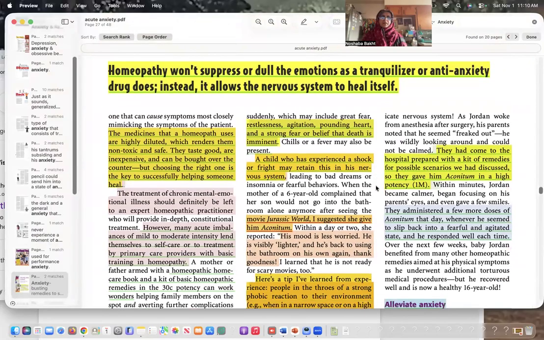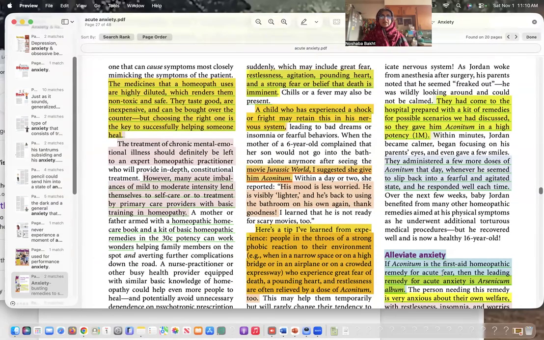If a child has experienced shock and fright and has watched a movie, aconite is the remedy for fear. A few doses will help them calm down. If it doesn't, ask a homeopath for a constitutional remedy. Aconite is the first aid homeopathic remedy for acute fears that lead to acute anxiety.